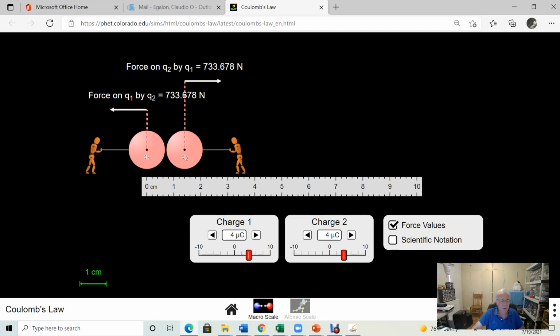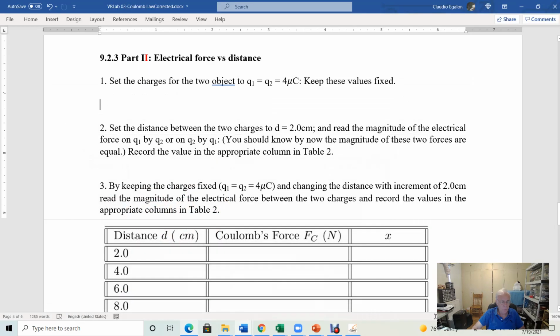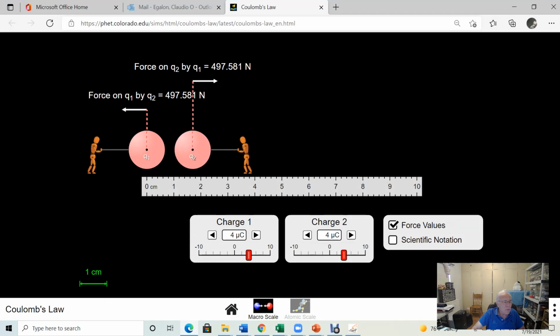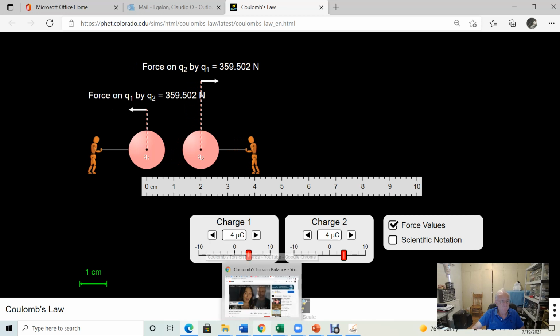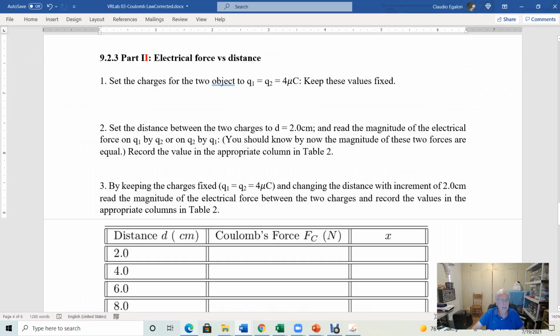We don't have to worry about that. Set the distance between the two charges to 2 centimeters. And read the magnitude of the electric force. Record the value in table 2.